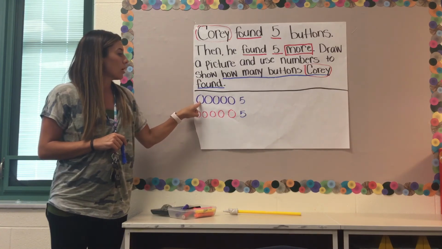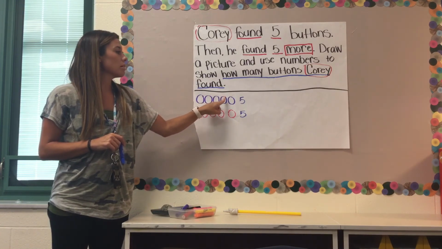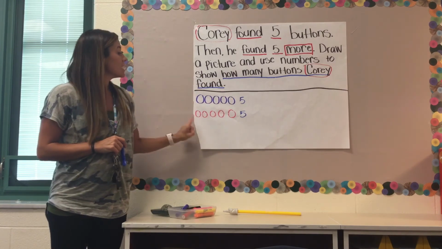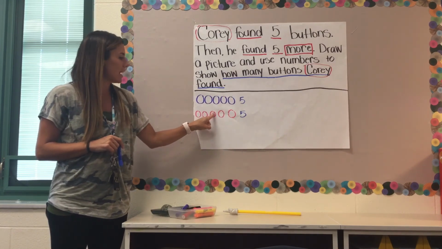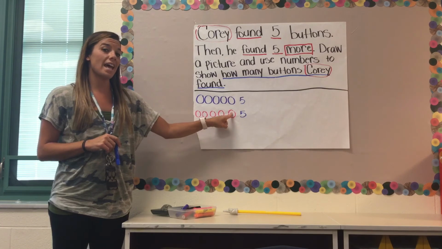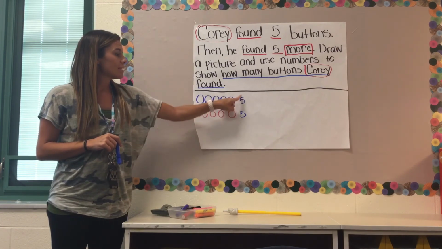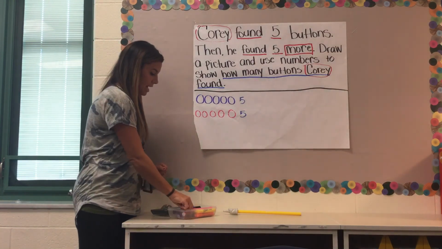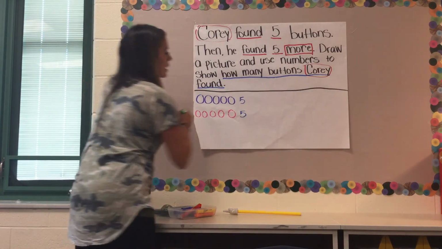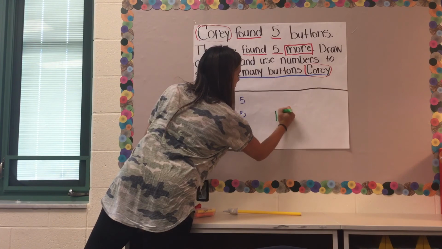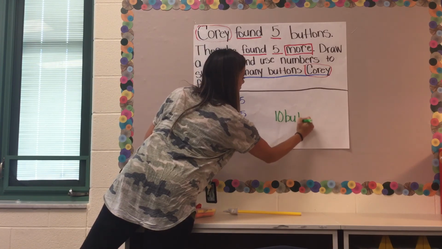Ready? 1, 2, 3, 4, 5, 6, 7, 8, 9, 10. So how many buttons did Corey have all together? 10 buttons, and that is my answer. So I'm going to write 10 buttons.